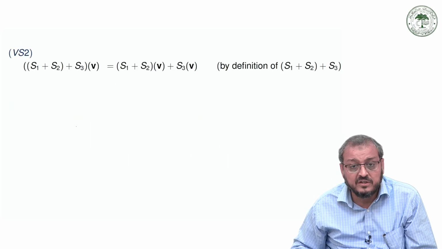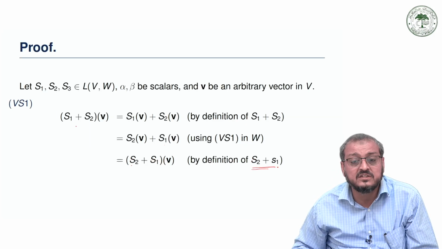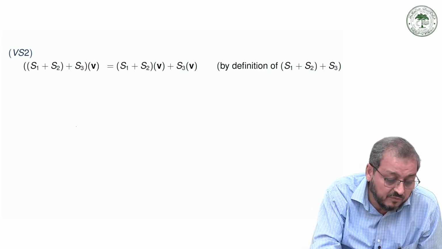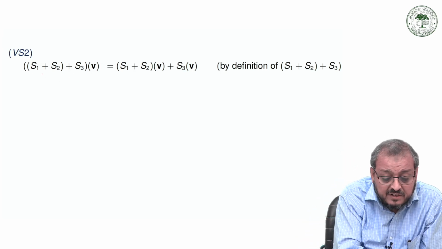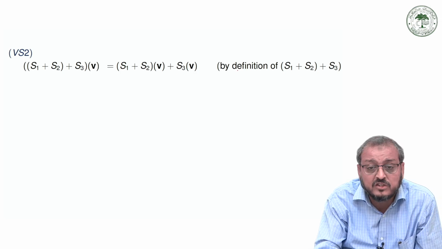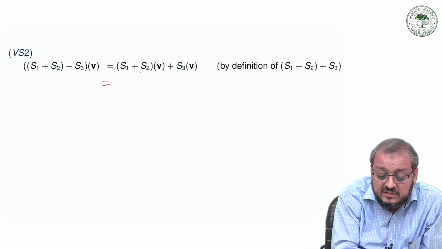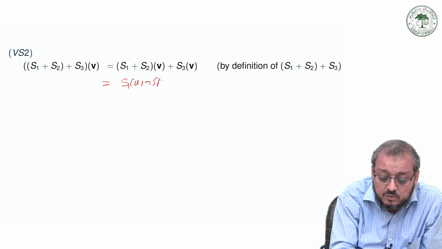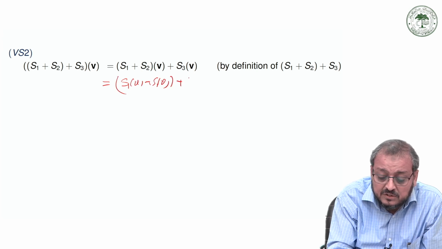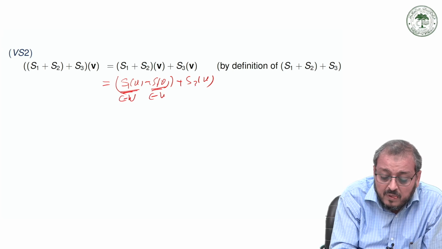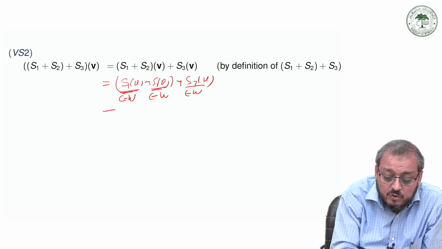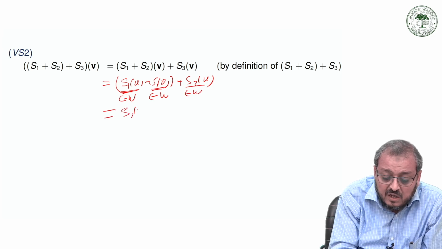Now we have to try to show that this is associative. So again, starting with (S1 + S2) + S3 of V, by the definition of S1 plus S2, and again this is linear, so this can be said to be S1 V plus S2 V, and then plus S3 of V. And this is an element of W, and this is an element of W, and this is an element of W, and W is associative under the addition.